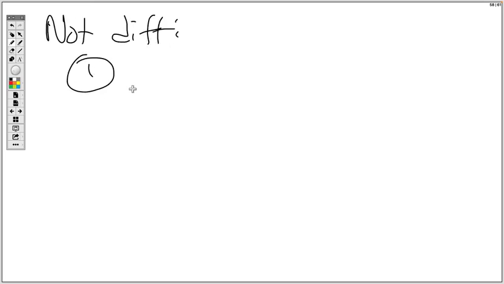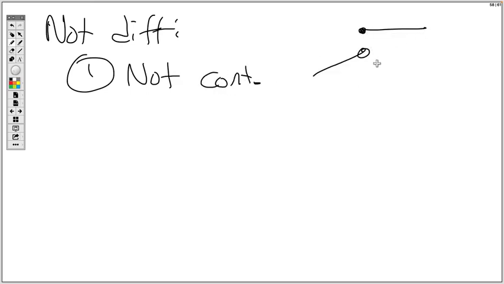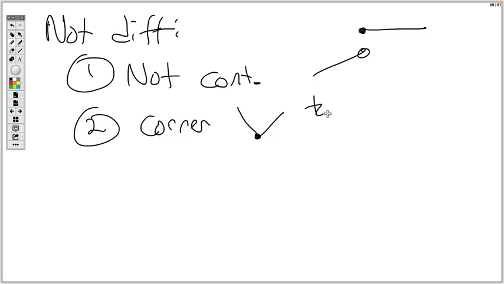So to be not differentiable, the first thing is you could not be continuous. Because if you're not continuous, there's no way you can be differentiable. You can't be locally linear if you have an issue with the graph itself. Does that make sense? Or you could have a corner. So you have two different finite slopes.